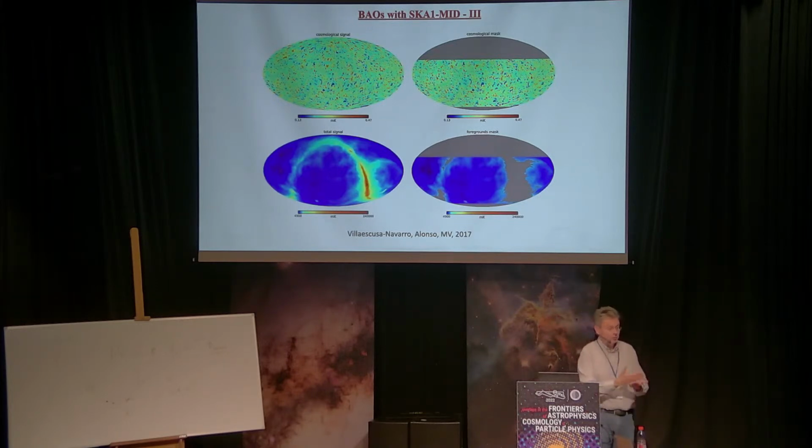At some point you will be running out of galaxies, but there are going to be other tracers. For example, people are thinking of cross-correlating with the CMB lensing. You can also cross-correlate with the Lyman alpha forest. So there are a few other tracers, but I believe at some point this foreground problem will be solved.